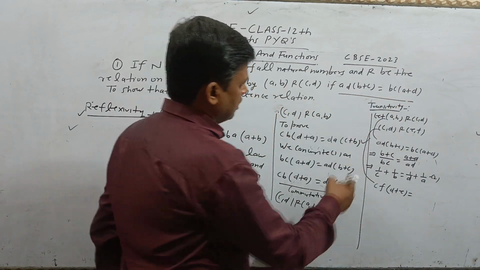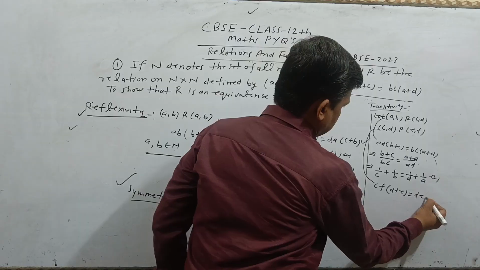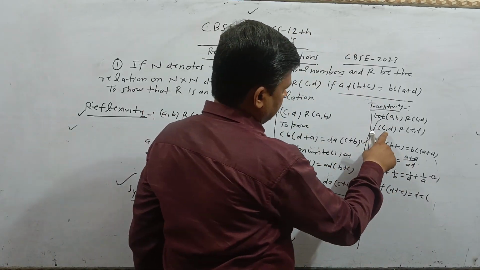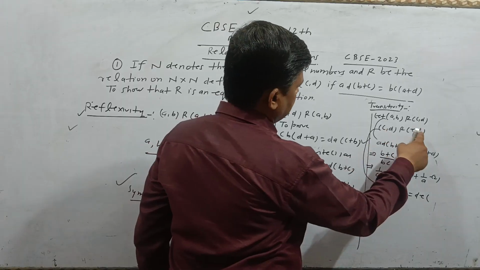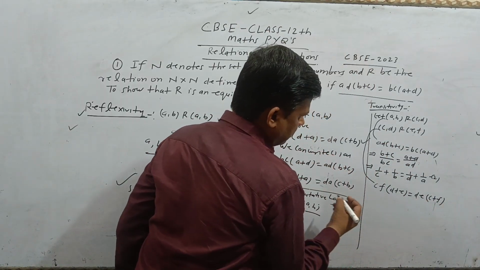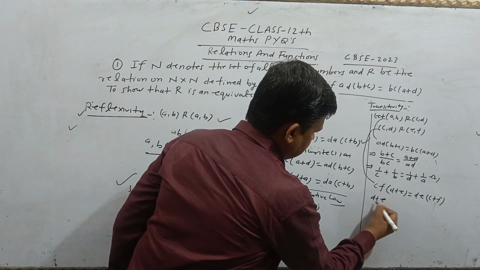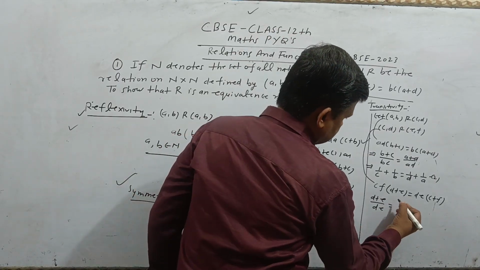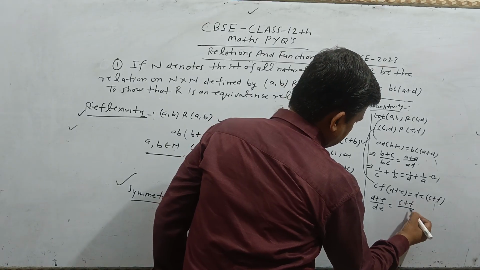In this way you can write DE, and here is A plus D, so here will be C plus F. So we can definitely write D plus E upon DE is equal to C plus F upon CF.